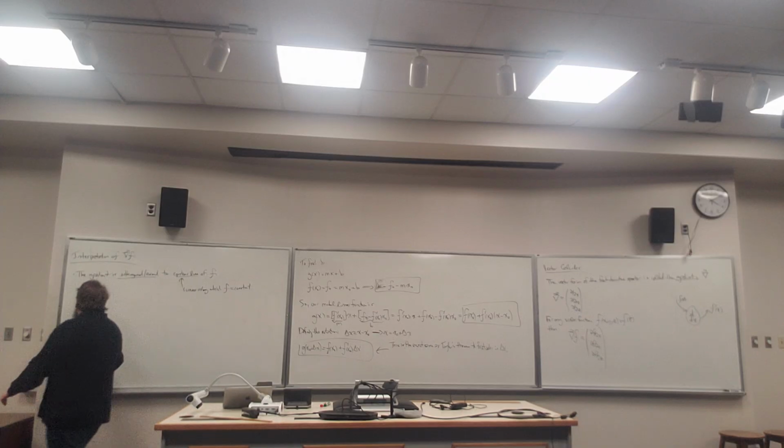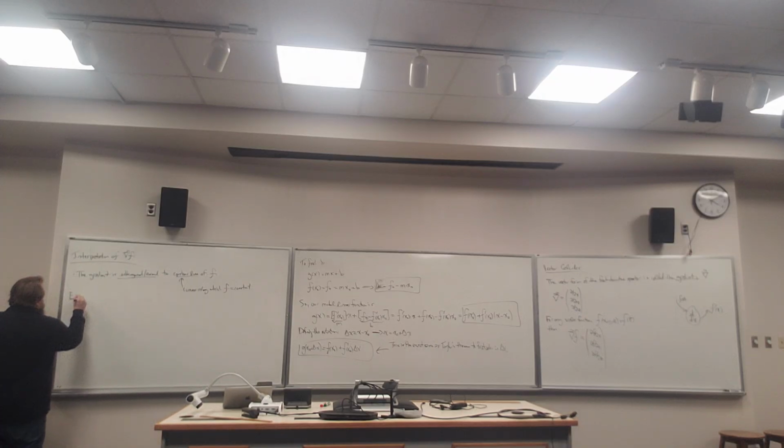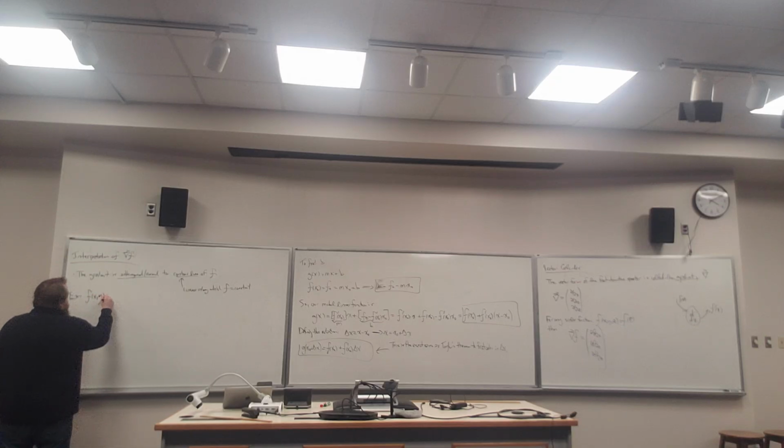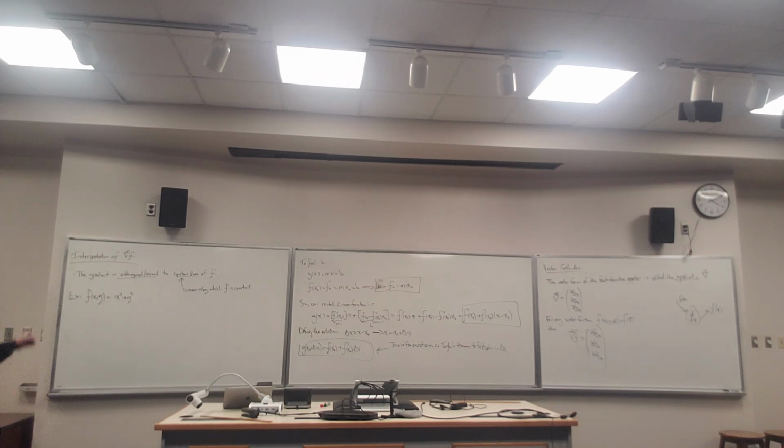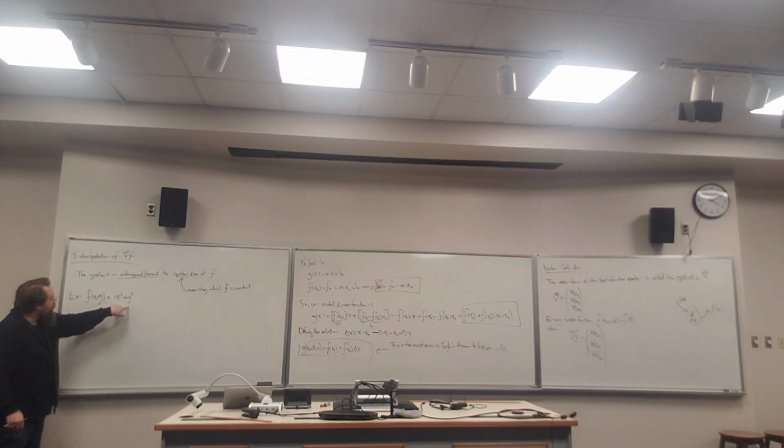Let's consider the function f of x and y, so we're just going to do two dimensions for now, equal to x squared plus y squared. This function looks like the definition of a circle. If it was x squared plus y squared equals r squared, that would be the typical definition of a circle. When we say contour lines, what we mean are the various lines where f equals a constant.